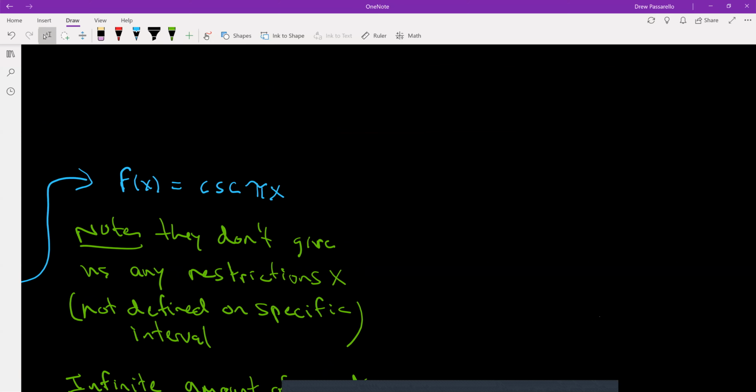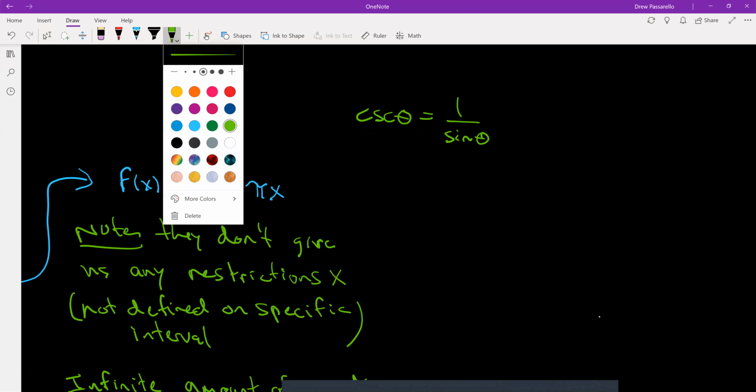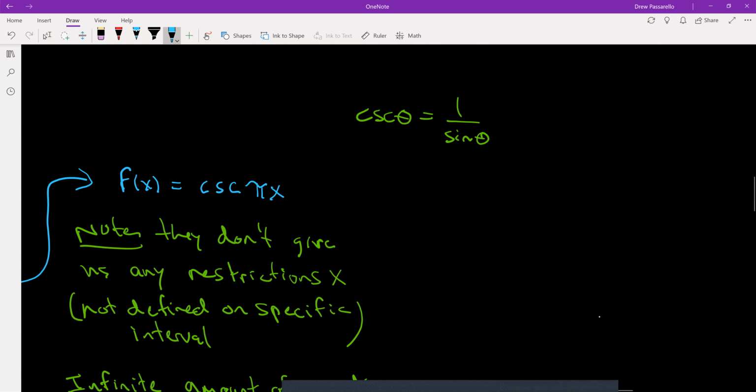All right, so from trig, you would have to know, what is cosecant? Cosecant of theta is 1 over sine theta. That's just from trigonometry class. So I can rewrite this as 1 over sine of pi x.